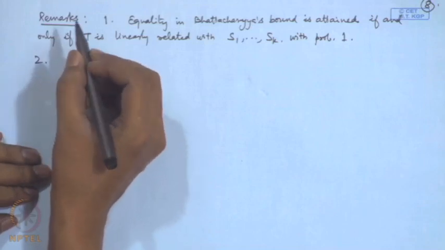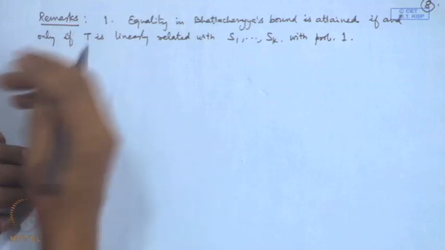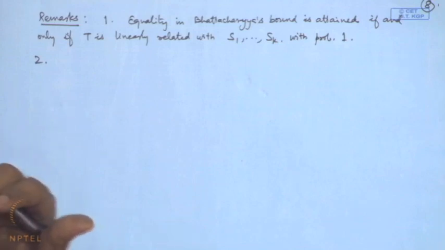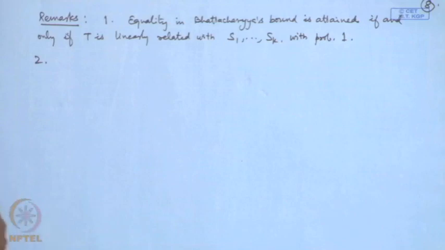Then we have observed that Bhattacharya's bound is sharper than the Rao-Cramer lower bound. Why? Because the Bhattacharya bound is using the multiple correlation coefficient between T and S1, S2, ..., Sk, and the Frechet-Rao-Cramer lower bound has only the correlation between T and S1. So, certainly this multiple correlation coefficient will be higher than that.